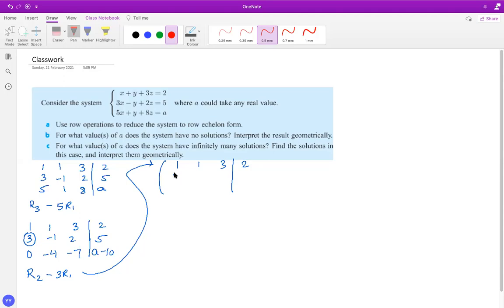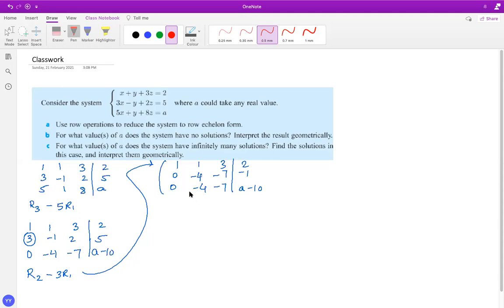We get 0, and minus 1 minus 3, which is negative 4. 2 minus 9, which is negative 7. And 5 minus 3R1, which is 5 minus 6, which is negative 1. And you get 0, negative 4, negative 7, and A negative 10.